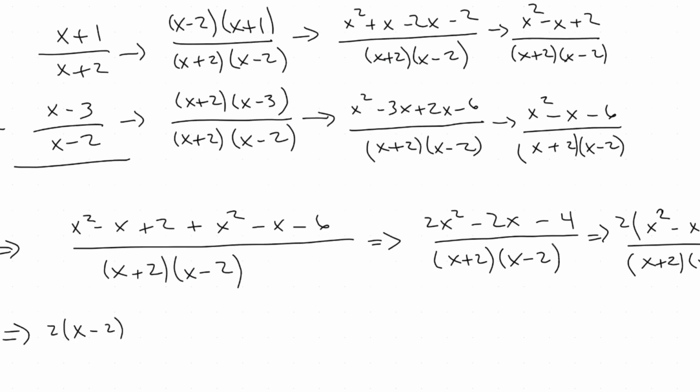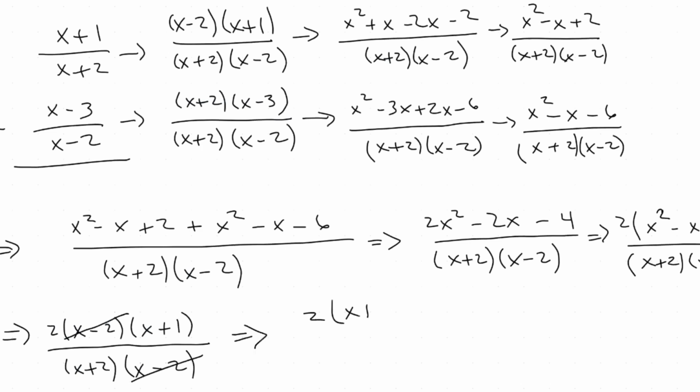Let's make sure: x squared plus x minus 2x minus 2, so it's minus x. Okay, yeah, that's correct. Over x plus 2, x minus 2. And then finally, you see that we have an x minus 2 up top and bottom. So your final answer is 2 times x plus 1 over x plus 2.